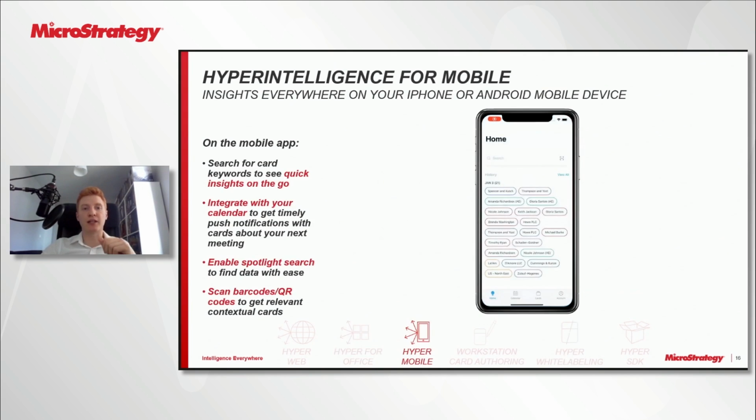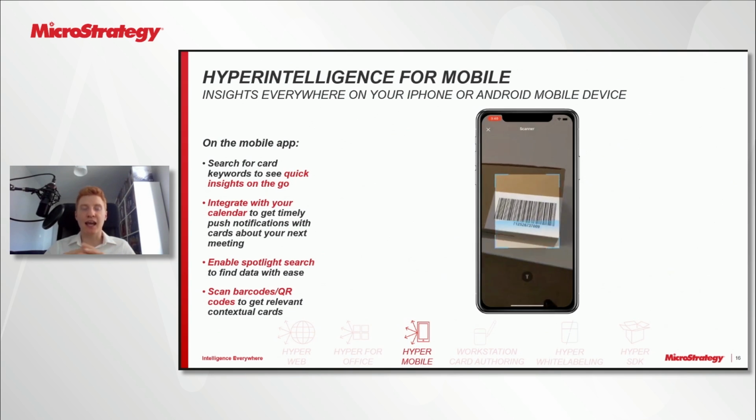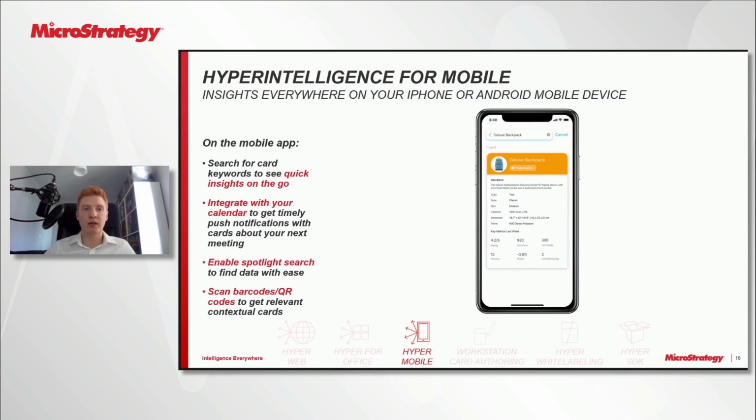Now, let's look at HyperIntelligence for mobile. With one mobile application, you can take the power of HyperIntelligence everywhere that you take your phone. With the app, you can search for keywords to see relevant cards and quick insight on the go. You can integrate the app with your calendar, for example, so that you get push notifications with cards full of context about the next meeting that you might be going to.